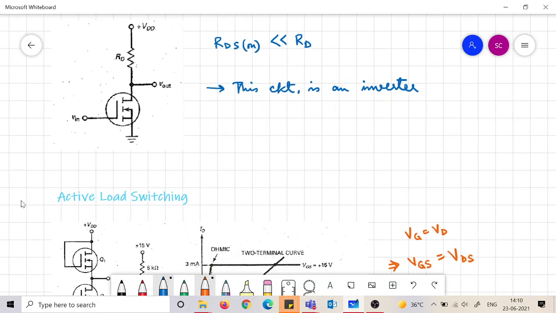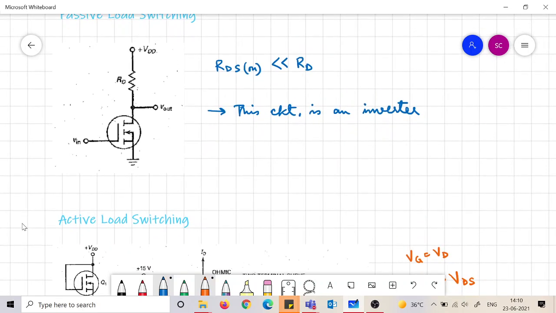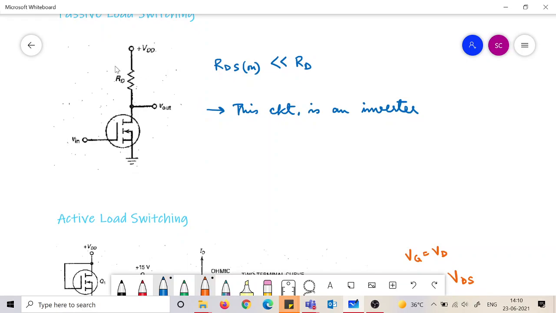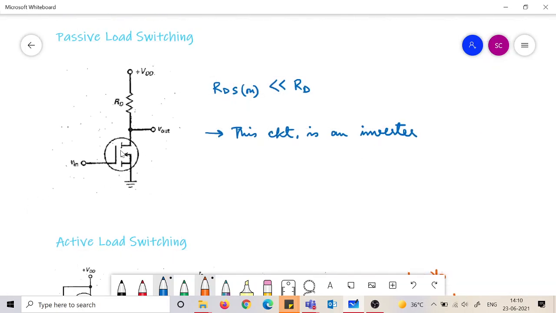Now we come to the concept of active load switching, where we are replacing this passive load with an active load. Why this is required is important to understand. When you actually do the experiments, you will see that these transistors come in a chip, like there are thousands of transistors in one particular chip, which is of the size of your fingertip.